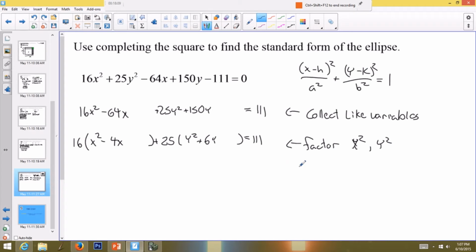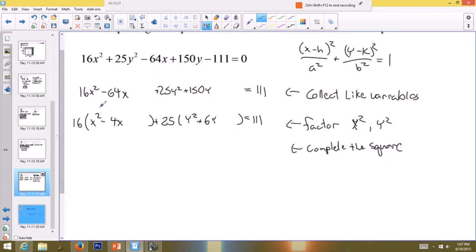Okay, that's good. So now I want to complete the square. I've got 16 times x squared minus 4x.